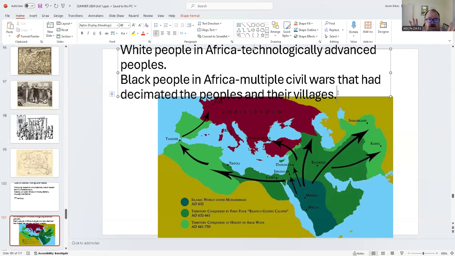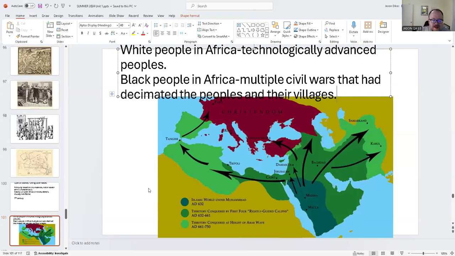Imagine if you came from another planet in 1945 and met concentration camp survivors, okay, Jewish concentration camp survivors, and based on your interaction with them, you assumed that this was what all Jewish people were like.